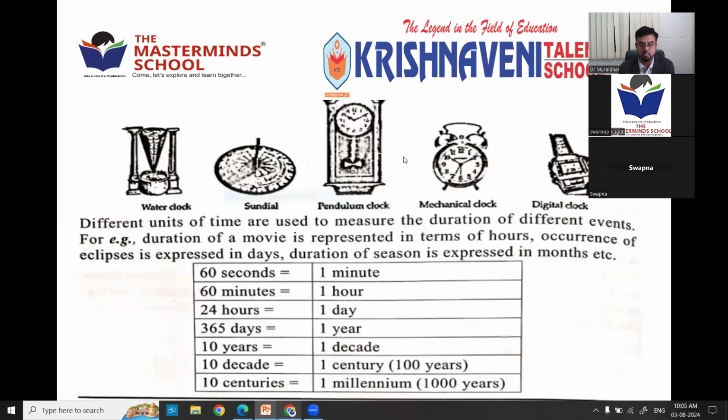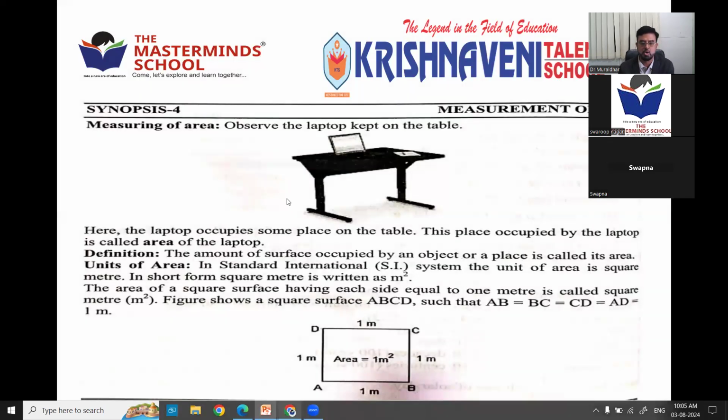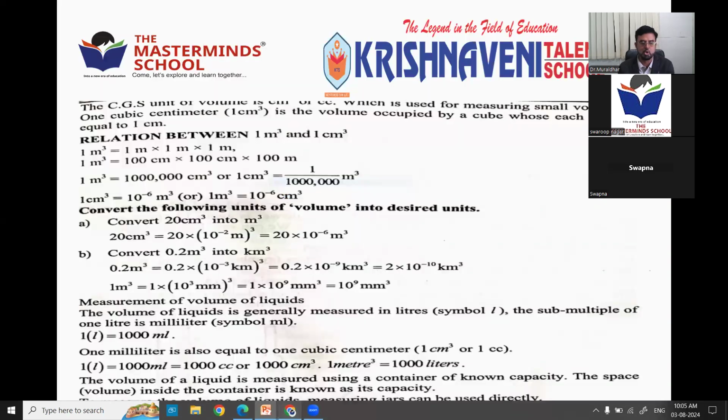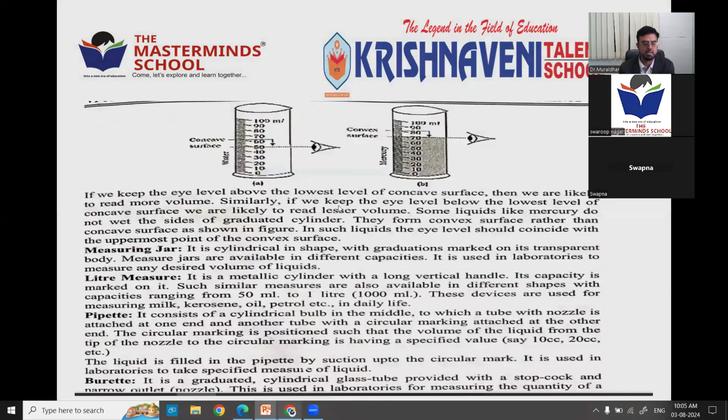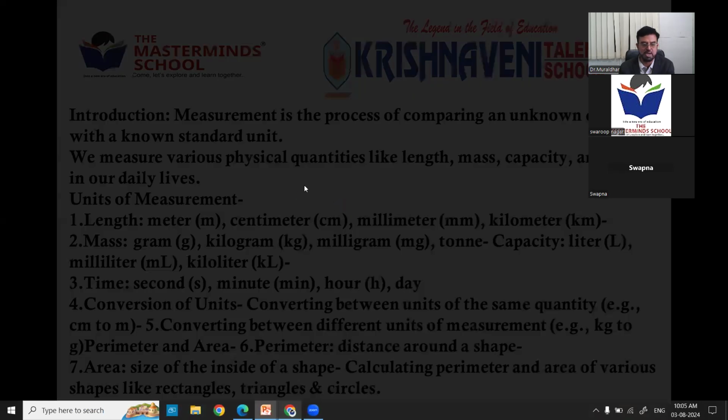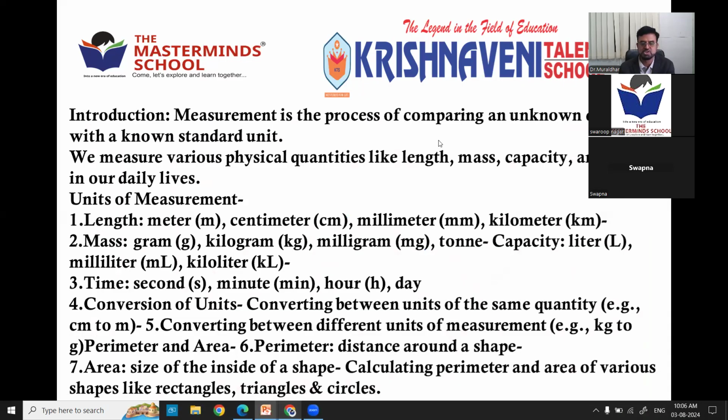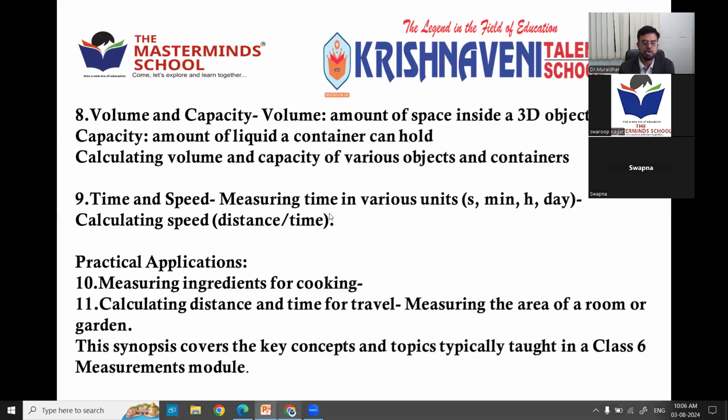These are for time. Time can be measured by various clocks, from olden days to till date. Then how to measure area, how to measure volume and their units, everything we learned. Volume of liquids with the help of various jars. So many jars are marked there, and this is the synopsis I gave to you. You have written in the notebook various points about the entire chapter.